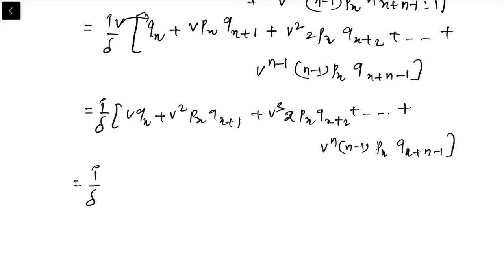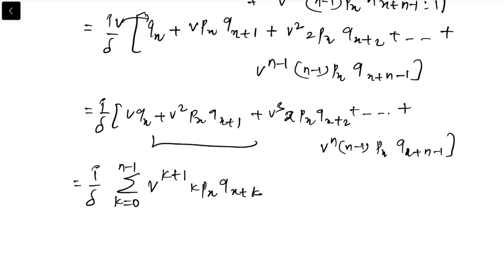Now this expression, we can write in terms of summation, where k goes from 0 to n minus 1, v^{k+1} ₖp_x q_{x+k}. And you can check this by putting the values.